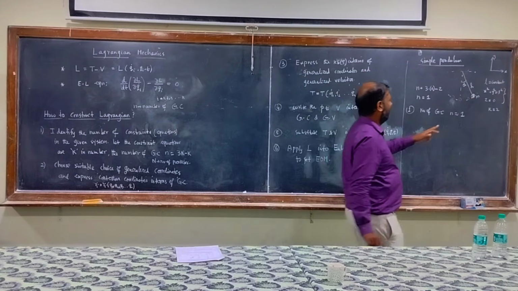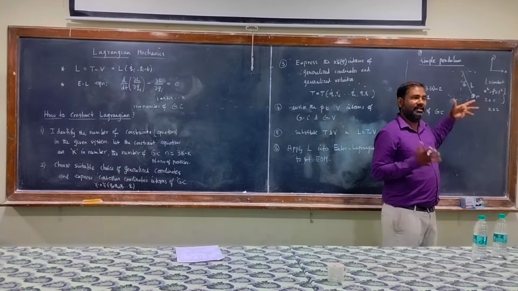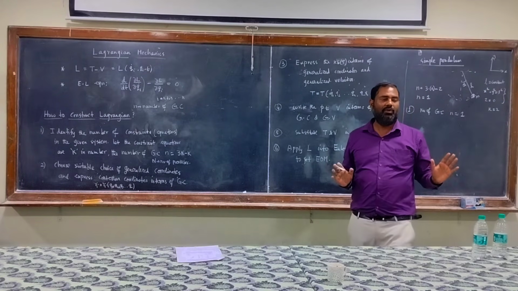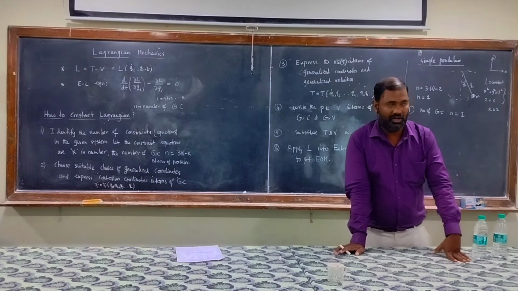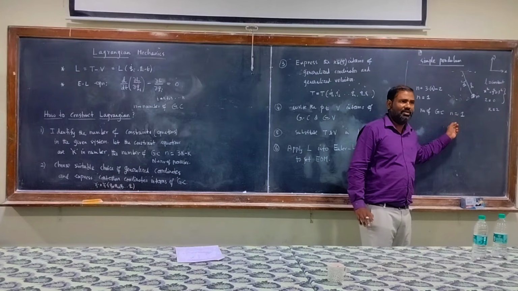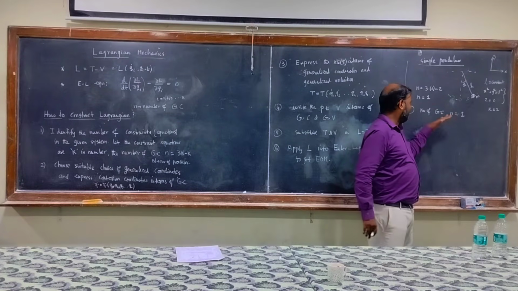So here I have two constraints. In general this object has 3, but since I have two constraints, it is 3 minus 2. Constraints essentially limit the degrees of freedom. So the number of generalized coordinates is equal to the degrees of freedom. Right? So what is the meaning of a generalized coordinate?